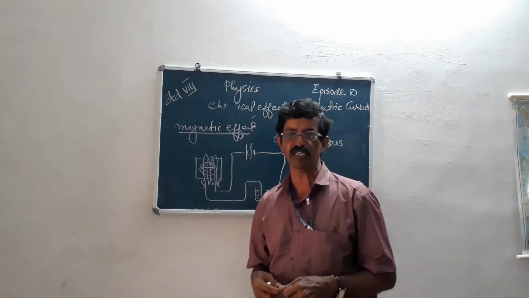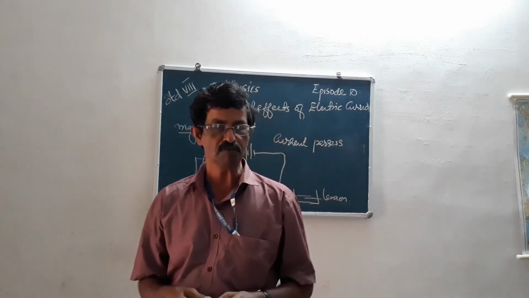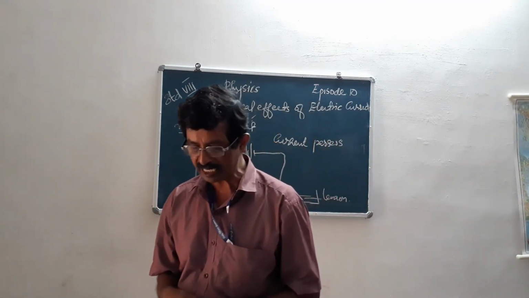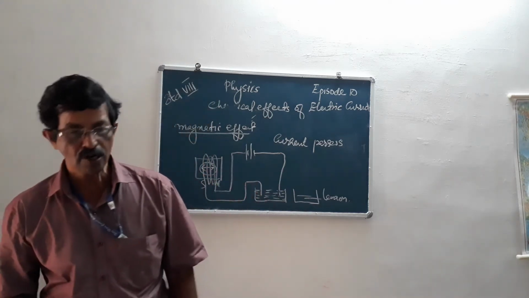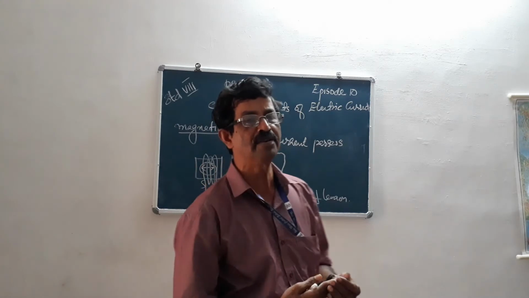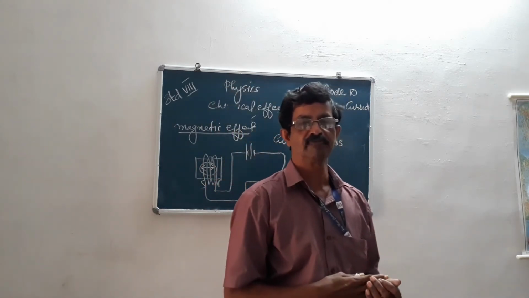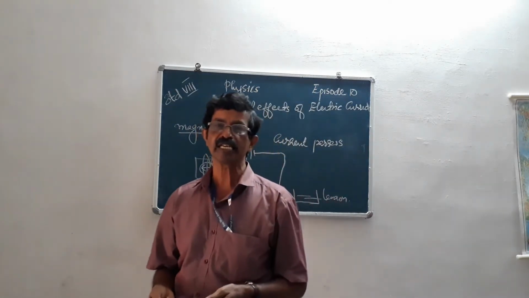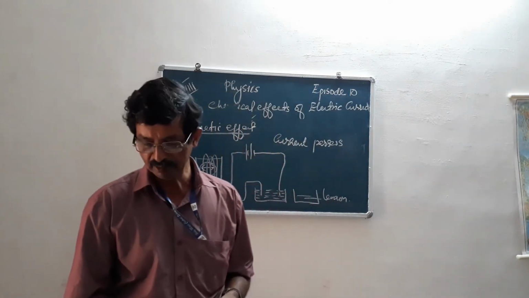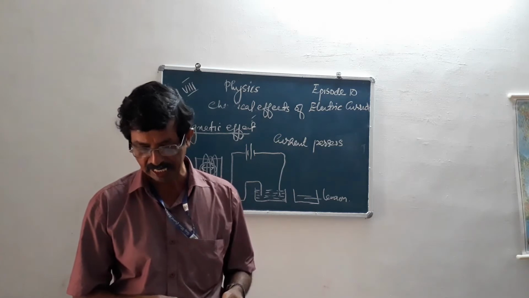That means it is a bad conductor. And some soda compounds: if we dip the free end of the tester in soda compounds, then also we can see there is a deflection in the compass needle. That means it is also a good conductor.